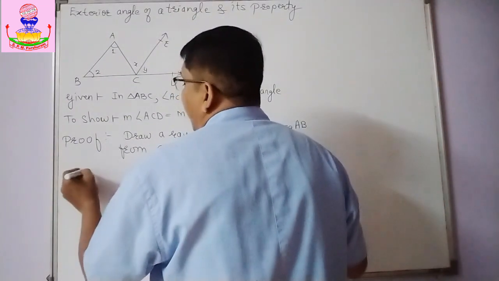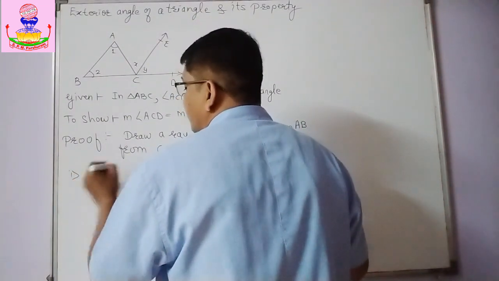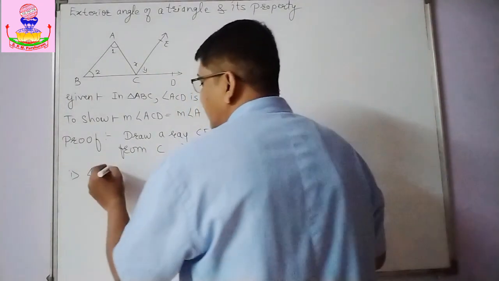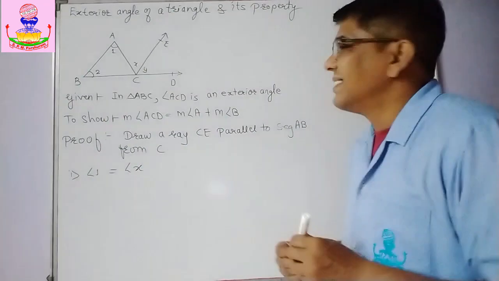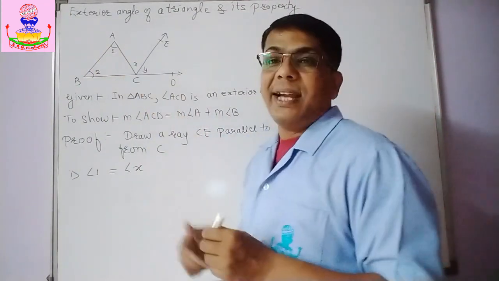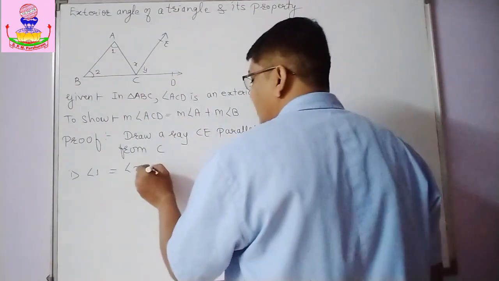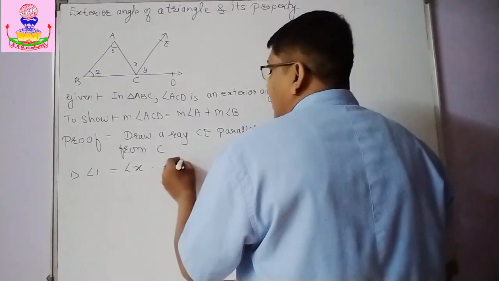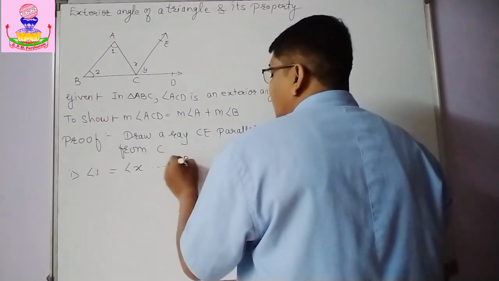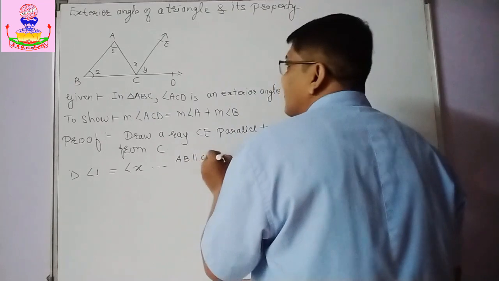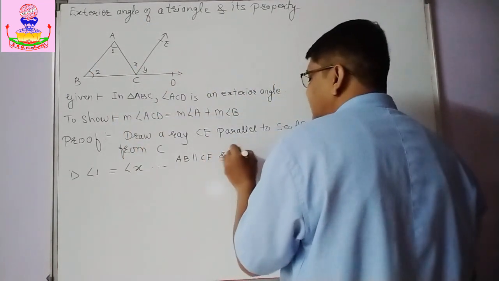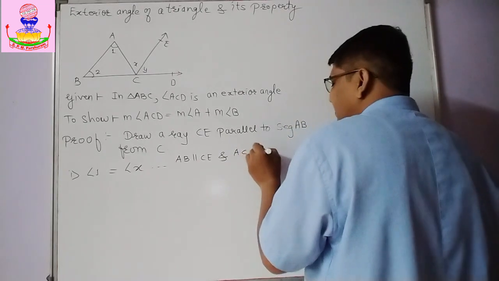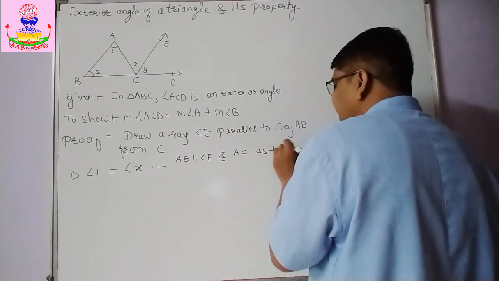Okay. So first, angle 1 is equal to angle X. Angle 1 is equal to angle X. Why? AB parallel to CE and AC as transversal.